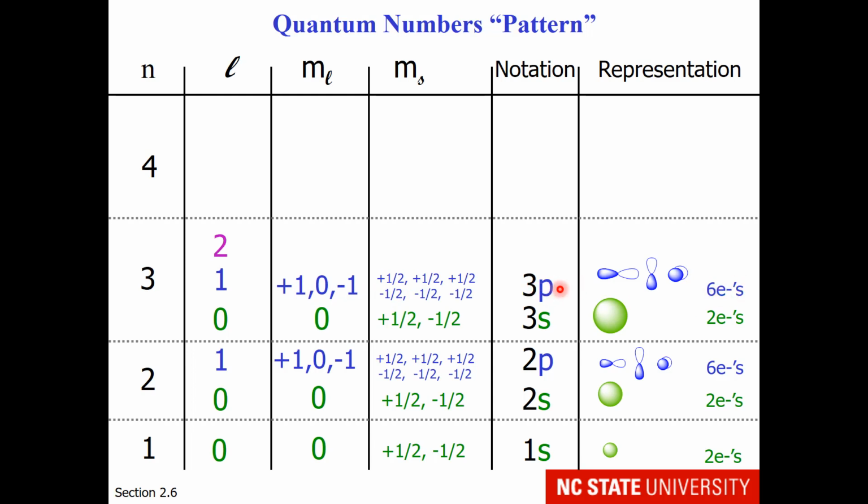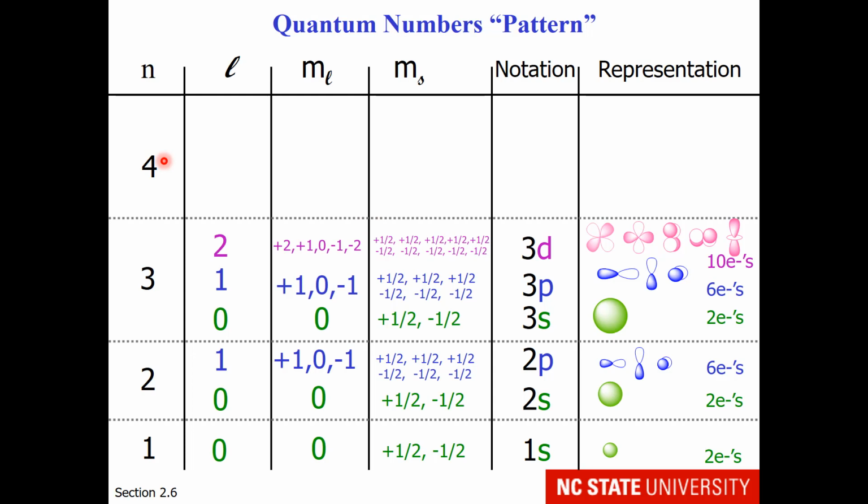And when L is equal to 2, we have a 3d set. m sub L gives us 5 potential orbitals, all at the same energy. Each one of them holds an electron either pointing upward in spin or downward in spin. So 5 times 2 gives us 10 electrons.